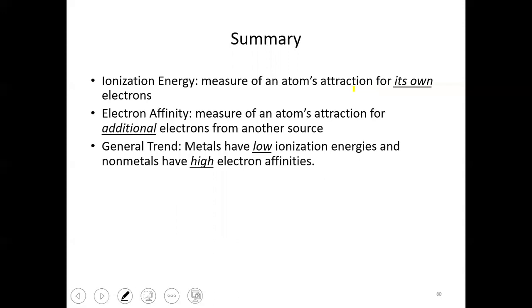Secondly, electron affinity is the measure of an atom's attraction for additional electrons from another source. How easily can I add an electron to an atom from another source? The general trend is metals have low ionization energies, which explains why they form cations more readily. And nonmetals have high electron affinities, which explains why they more readily form anions.